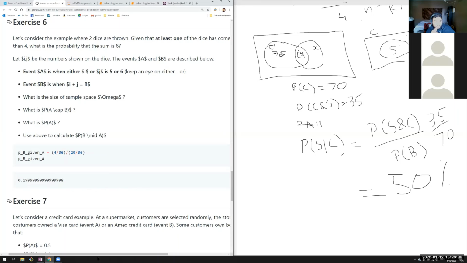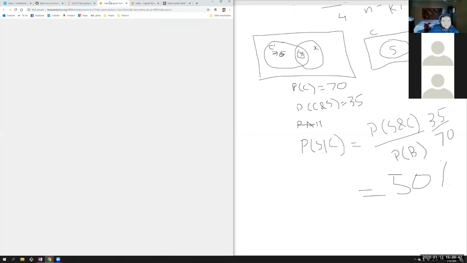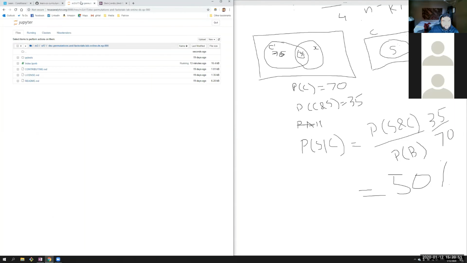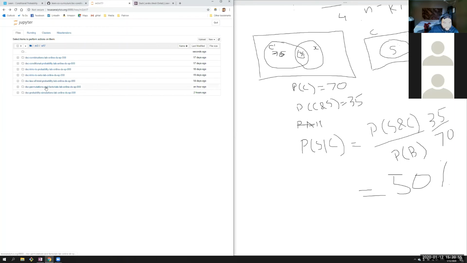Okay. Let the events A and B be described below. I don't know what is going on here. This is also messy. I'm going to switch over to mine. Were we on total probability? No, we were on conditional probability.